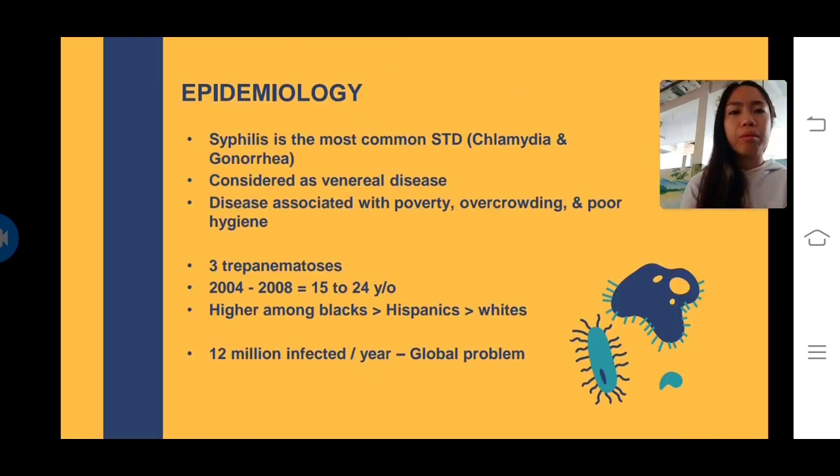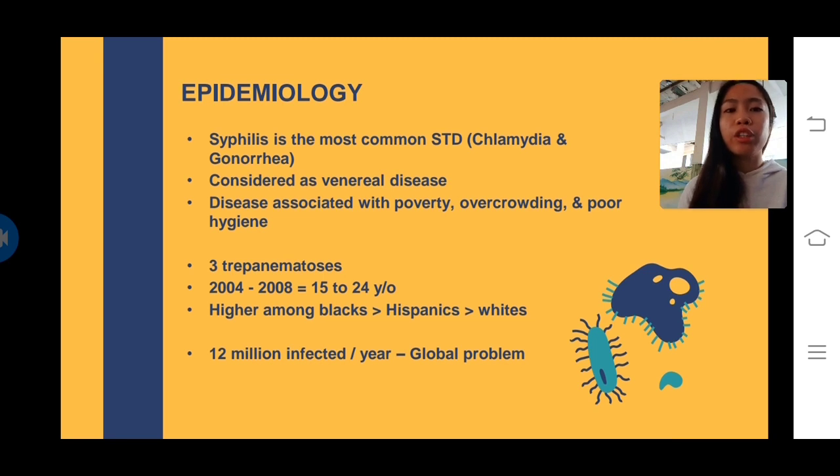Epidemiology. Syphilis is the most common STD together with chlamydia and gonorrhea, but syphilis is the most common. And syphilis is considered a venereal disease. It is also associated with poverty, overcrowding, and poor hygiene.